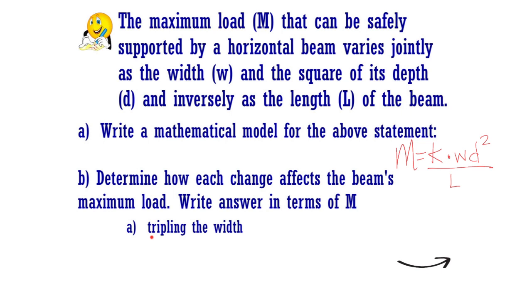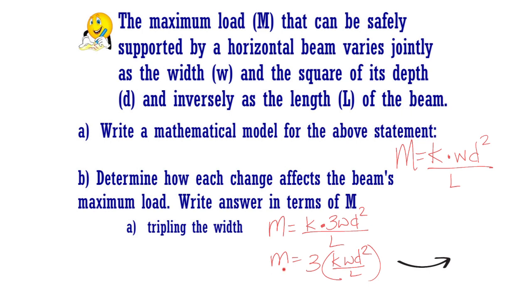So this says, what if I tripled the width? What's going to happen to the maximum load if I triple the width? Well, here's what that would look like. K is still there. I don't really know what to do with the K, but the width is not W. The width is now 3W. Everything else stays the same. So ultimately, I can factor that 3 out in front, and then I'll have my KWD squared over L. Remember that that's what the standard was.